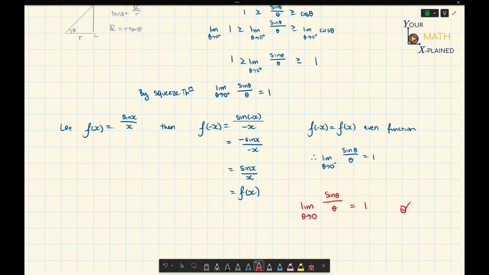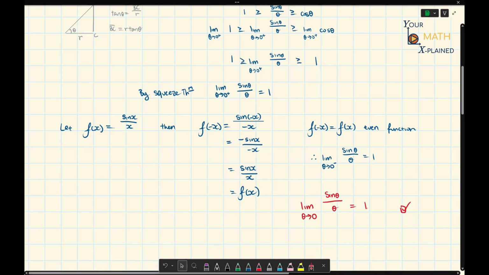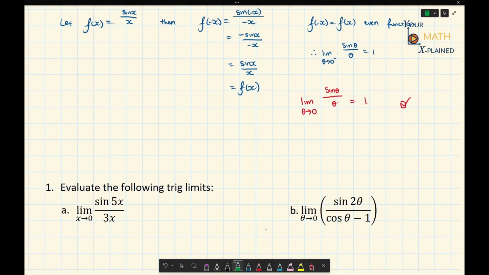So the second limit is going to be much easier for us to prove. The second limit, we have the limit as theta approaches 0 of cos theta minus 1 over theta. So what we're going to do is multiply both the top and the bottom by cos theta plus 1.